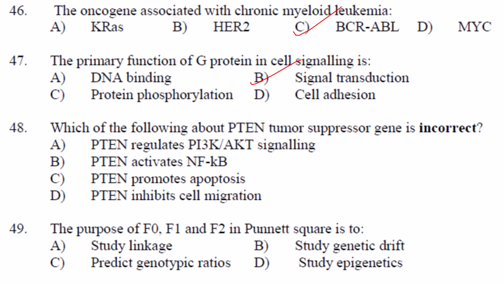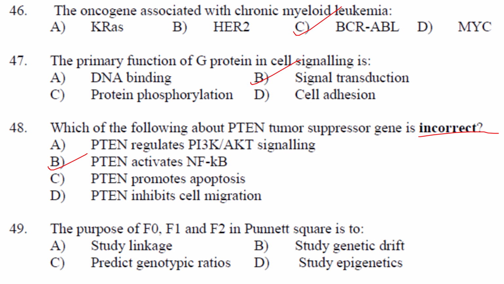Then PTEN activates NF-kappa B. Now that is not a function of the PTEN tumor suppressor gene. So they have asked the incorrect statement. So it activates NF-kappa B is not correct.